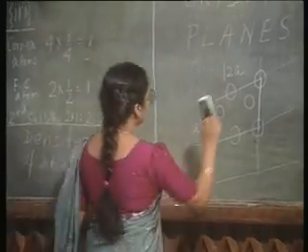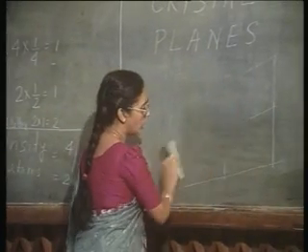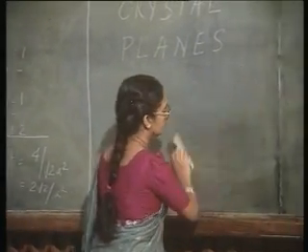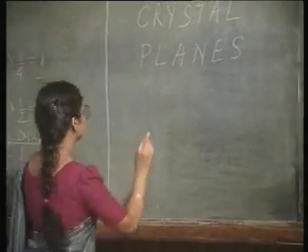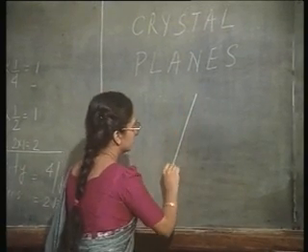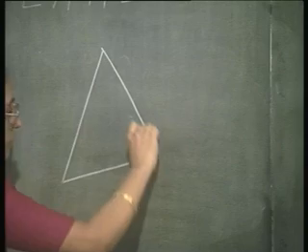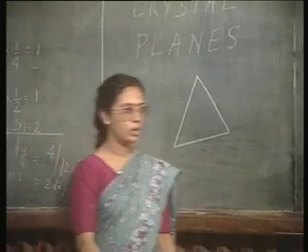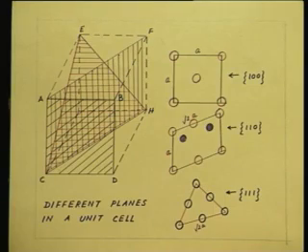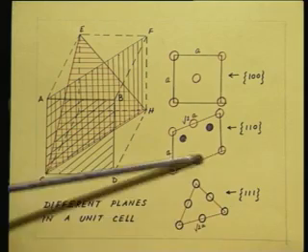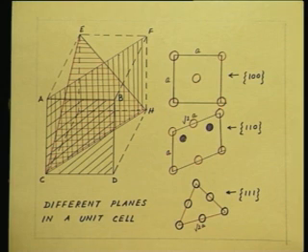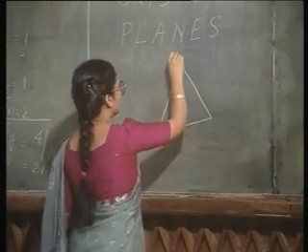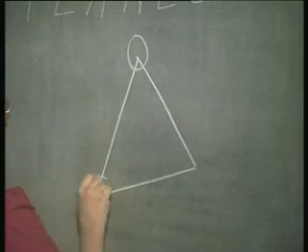Right. Now, let us take the case of 111. This is the 111 plane, as you can also see here. This plane ECH. Where are the atoms located? At the 3 corners.